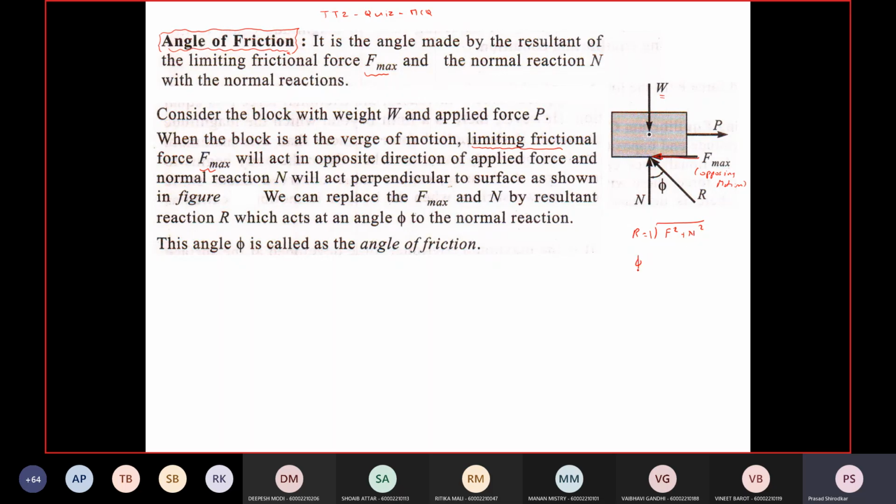And phi is the angle of friction that the resultant makes with the normal reaction. So if I construct a triangle, this is R, this is F max, and this is N. Phi is called the angle of friction.